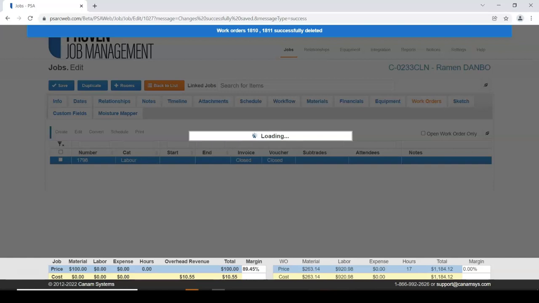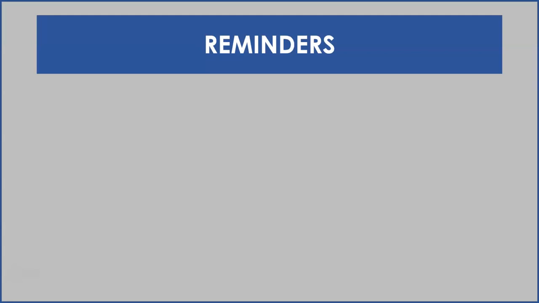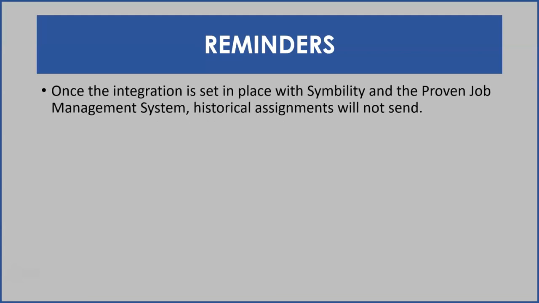Before we wrap up today's session, I want to review a few reminders. Once the integration between Proven Job Management and Symbility is set in place, historical assignments will not send to the Proven Job Management system.